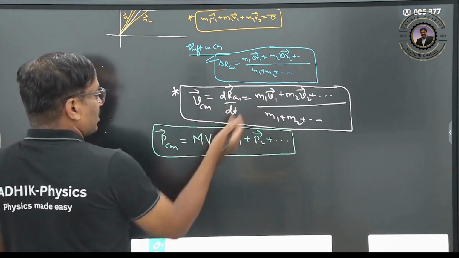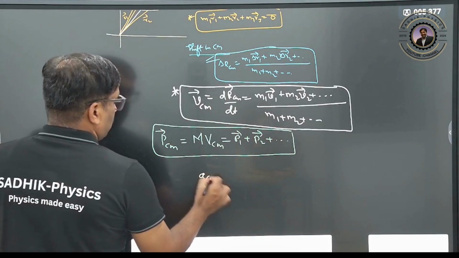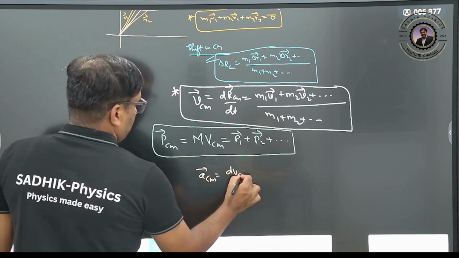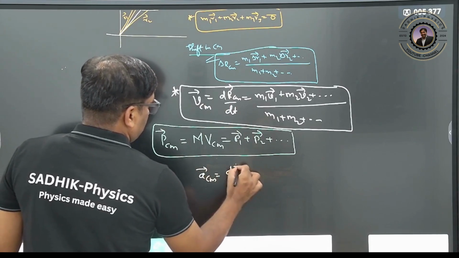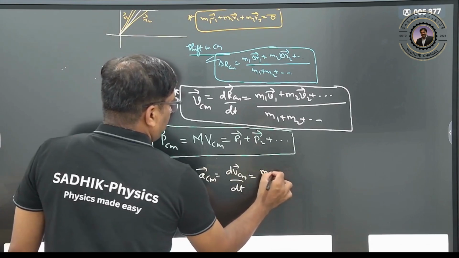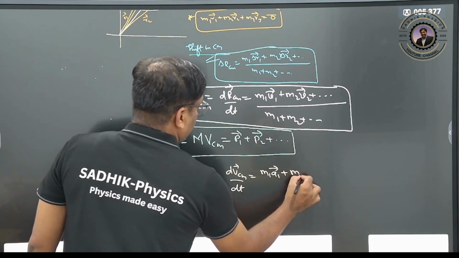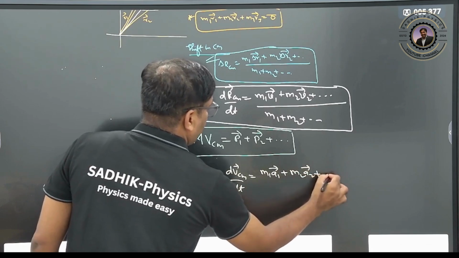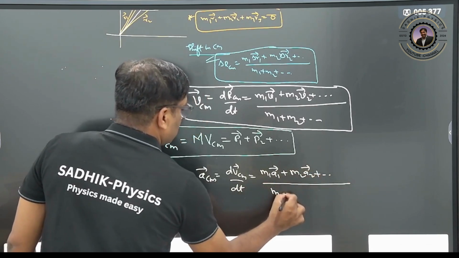Now the acceleration of the center of mass: dvcm by dt equals m1 a1 vector plus m2 a2 vector, the accelerations of the particles, divided by the total mass.